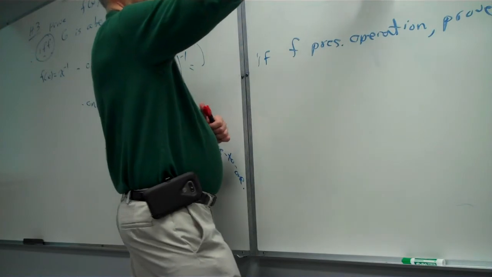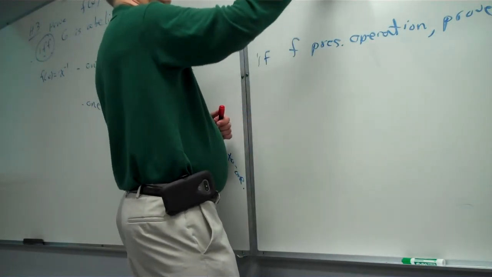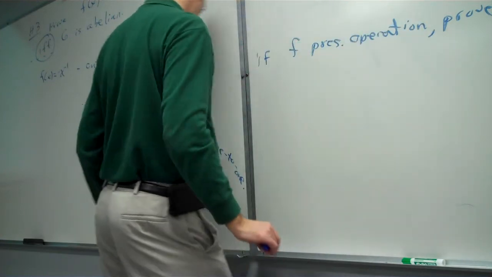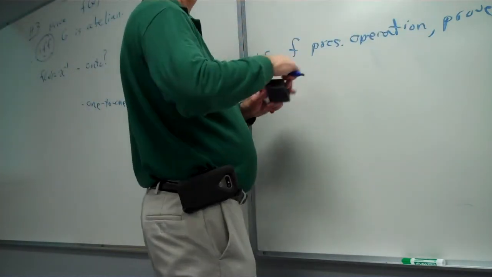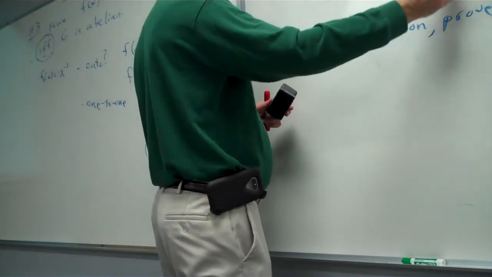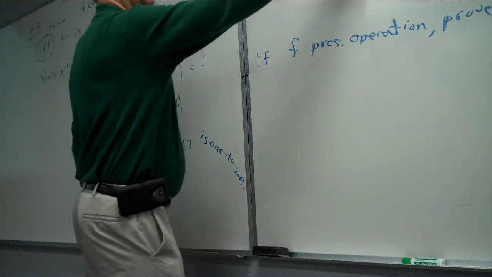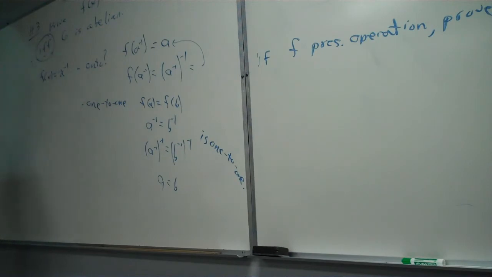So let's work with this one. We want to prove that f preserves the operation. So f of AB, we ultimately want that to be f of A, f of B. That's what we need to show to prove that the operation's been preserved.